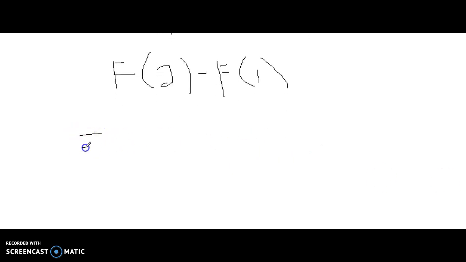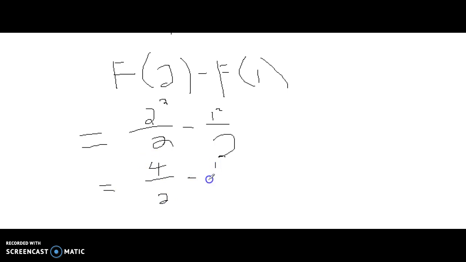It's going to equal 2 squared over 2 minus 1 squared over 2, which is going to be 4 over 2 minus 1 over 2, results in a value of 3 over 2 for this definite integral.